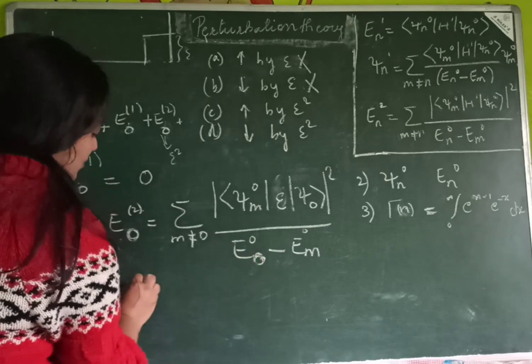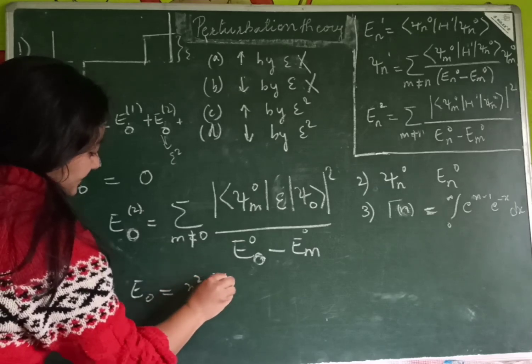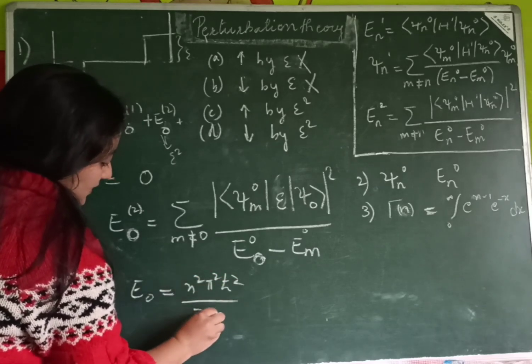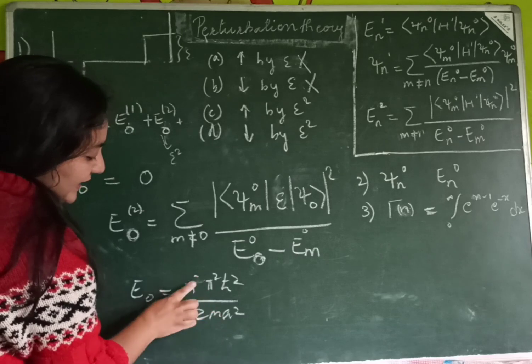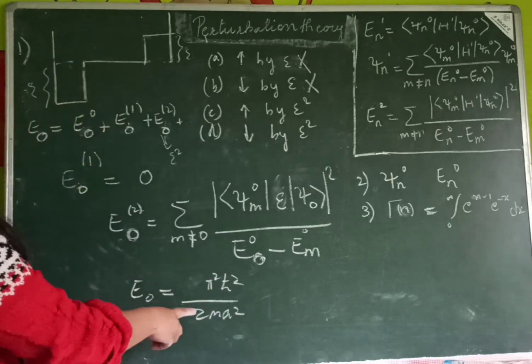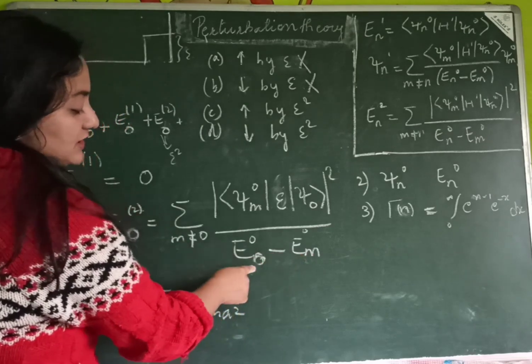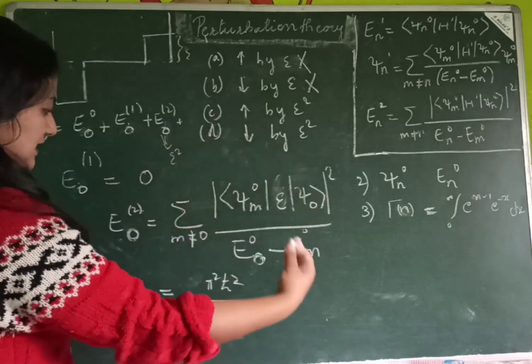So E0, meaning n equals 1, the ground state energy, is pi squared h cut squared by twice m squared, and m should not be equal to 0, so I should be using something else apart from 0.